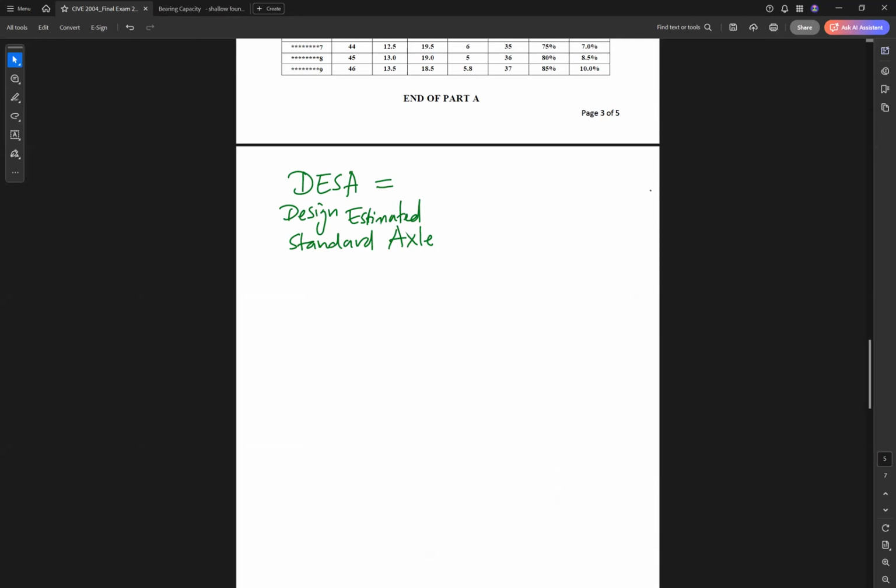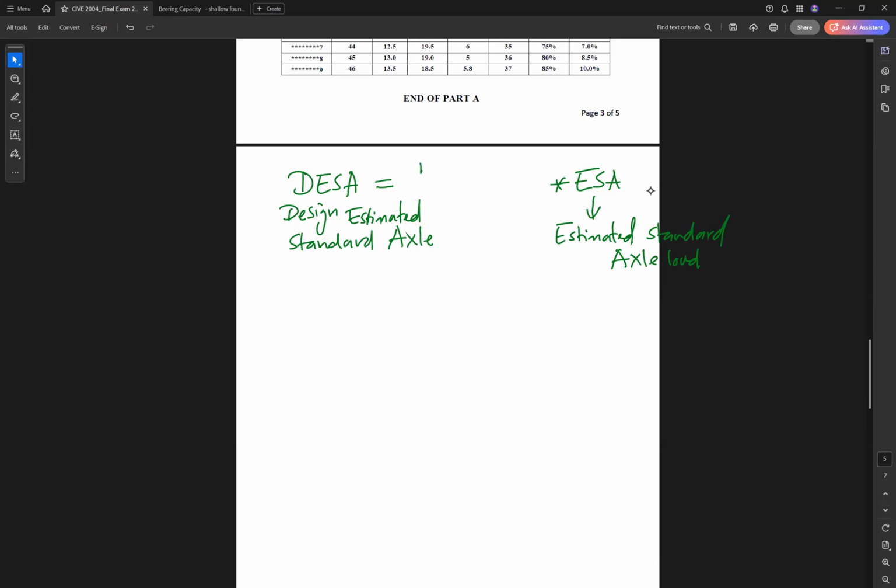Okay, DSA equals the operational time of the truck times ESA. ESA is the estimated standard axle load. This is multiplied by how many times this axle group was running.